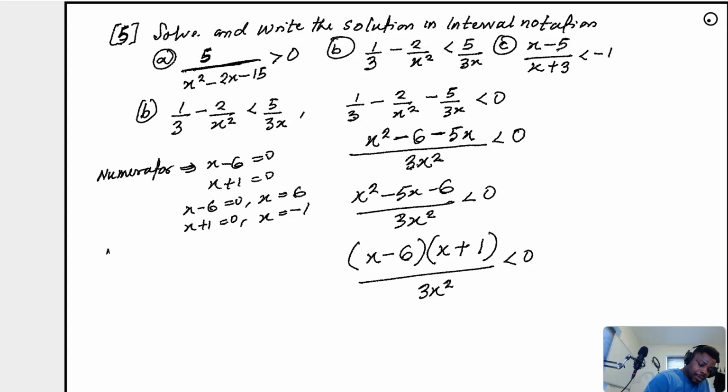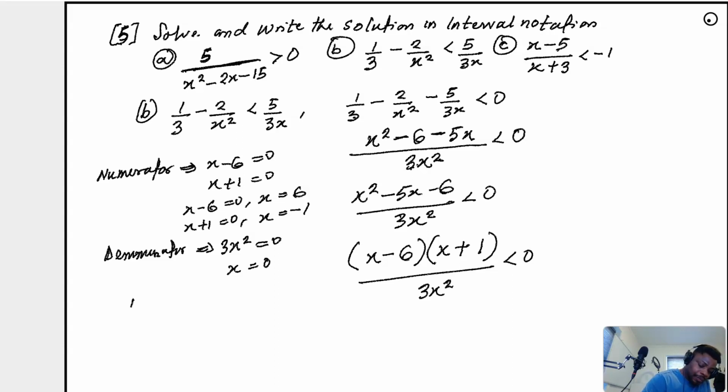Now let's do the denominator. The denominator 3x squared must be equal to 0. So in this case, x is equal to 0, because if you divide through by 3, it's still x squared equals 0, and square root both sides, x equals 0.